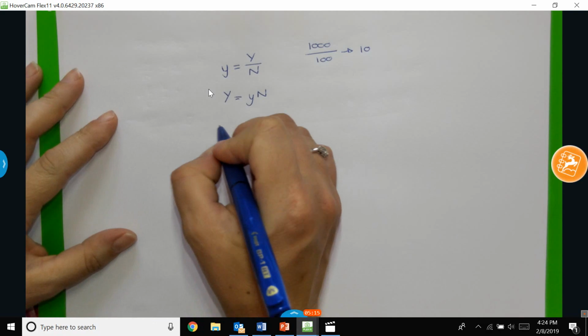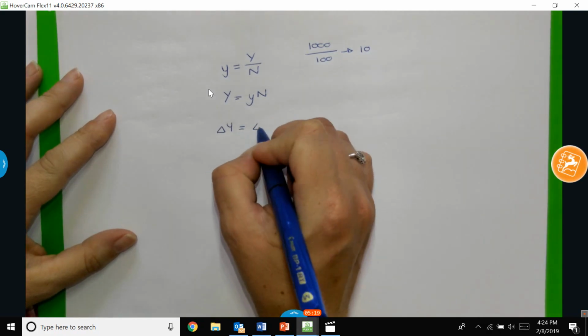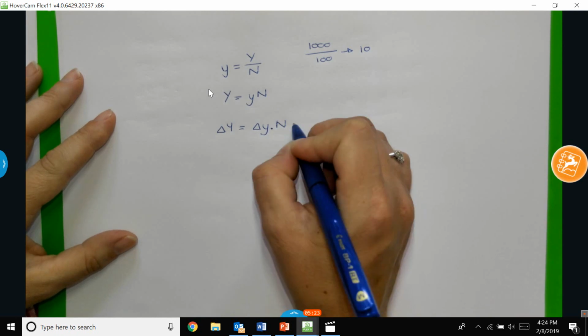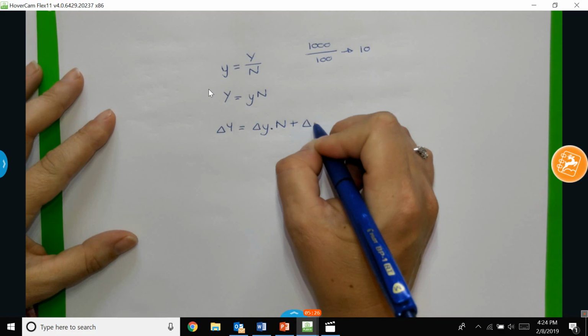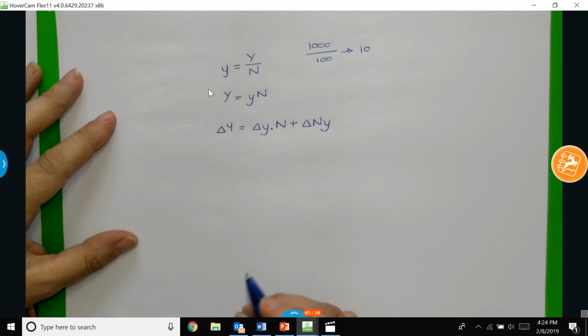If we then look at the change in total output, that's going to be equal to the change in output per person multiplied by the population size plus the change in the population size multiplied by output per person.